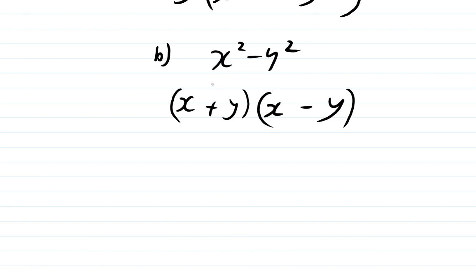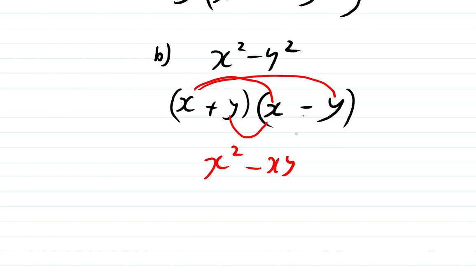Remember now, if you multiply it out, x times x gives you x squared, x times y gives you minus xy, y times x gives you plus yx, y times y gives you minus y squared.